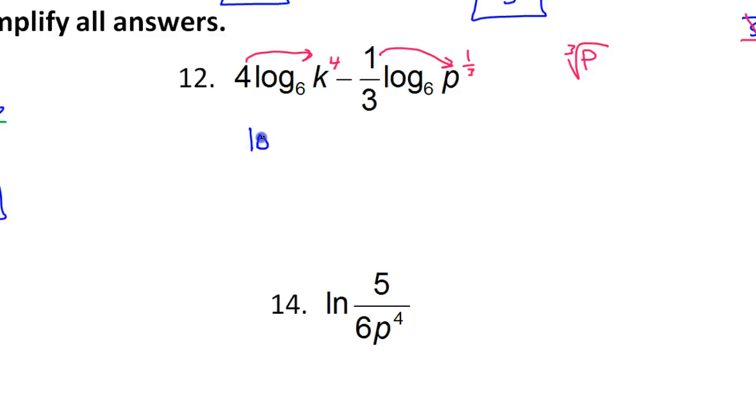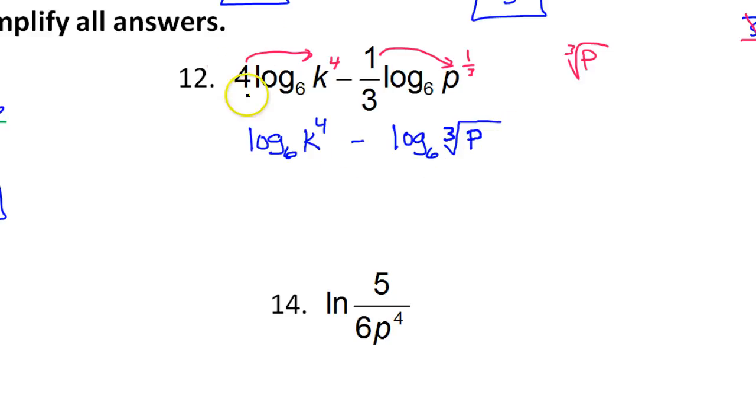So I'm going to have log base 6 of k to the 4th power minus log base 6 of p to the 1/3 power, but like I said, p to the 1/3 power is the cube root of p. So let me leave myself a little more space so I can write the cube root of p like I'm supposed to.